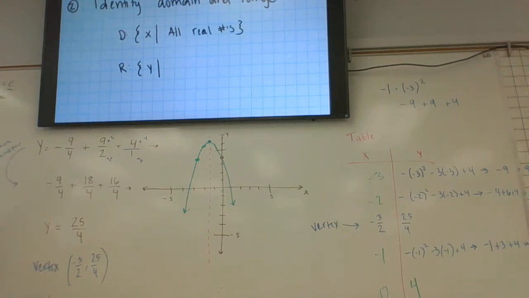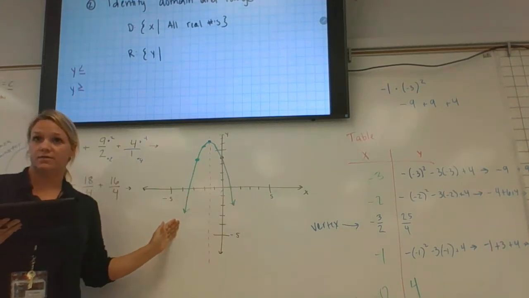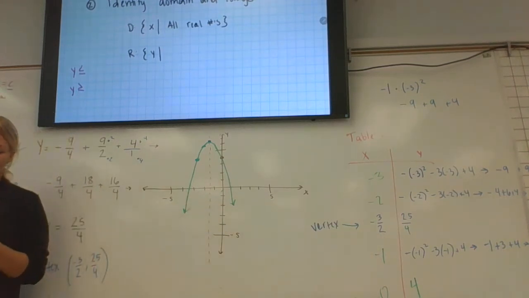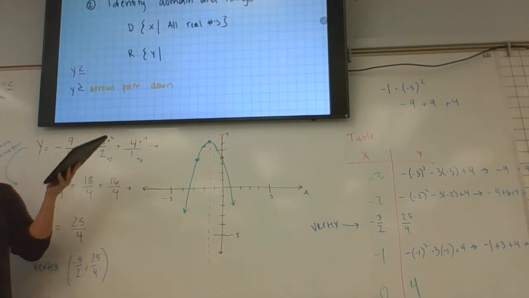So there's 2 options. I'll give you a little note. It's either going to be y is less than or y is greater than. So these arrows point down. If the arrows point down, you do y is less than in your range.